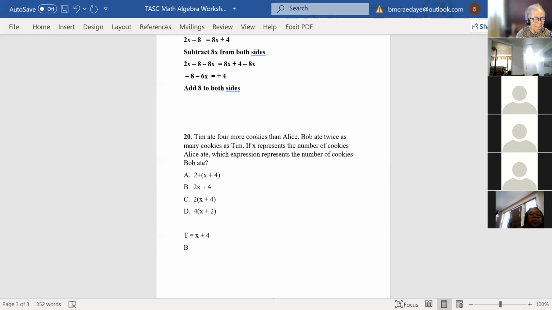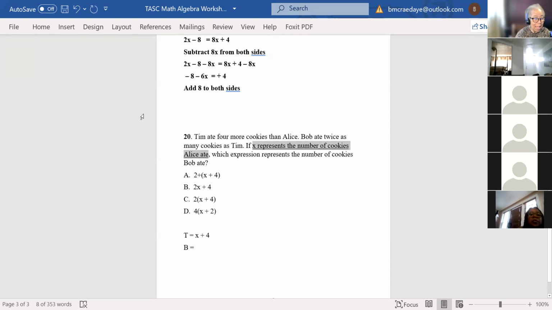You're not solving for a number. Give me an expression. Bob would be equal to X what? No, Tim is X. X represents the number of cookies Alice ate.